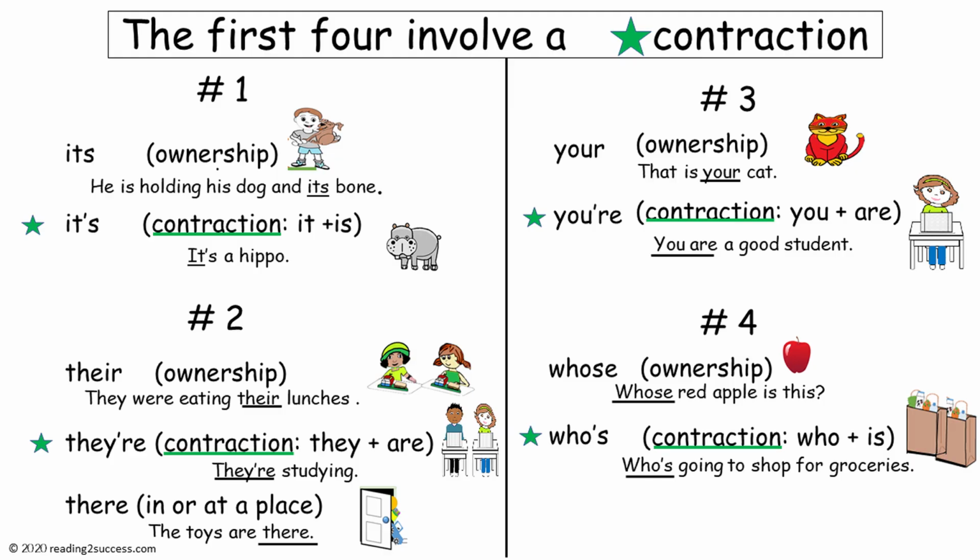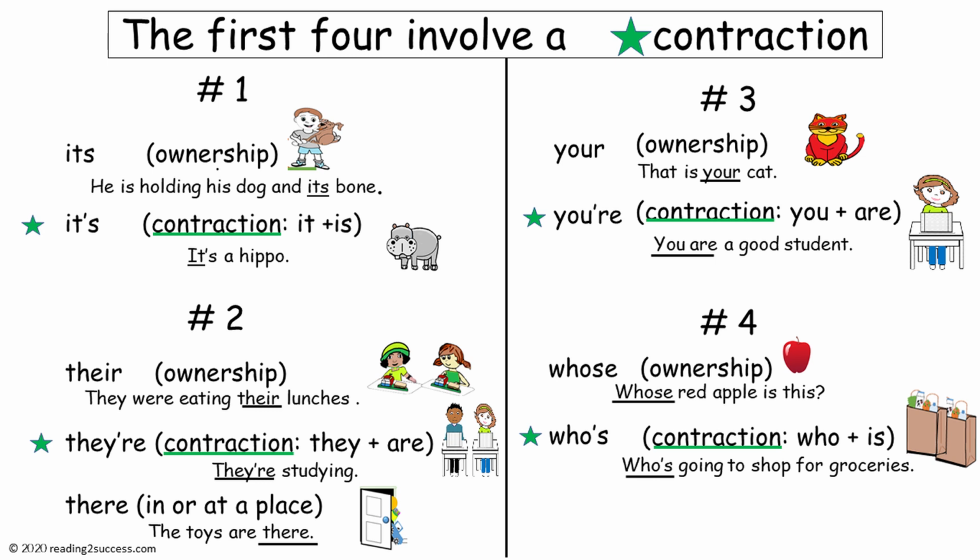The first four sets of homophones involve a contraction. Number one, its and it's. The first one shows ownership, and the second one, it's, is a contraction for it is. Number two, their, there, and they're. The first, their, is ownership. The second, they're, is a contraction meaning they are.